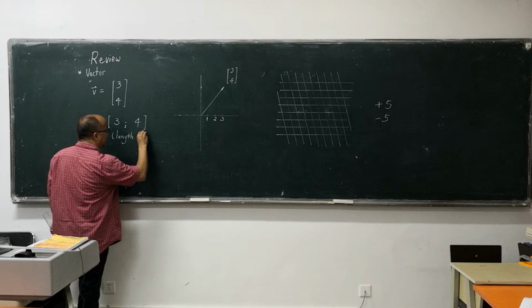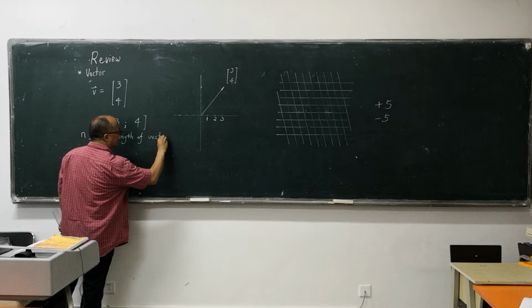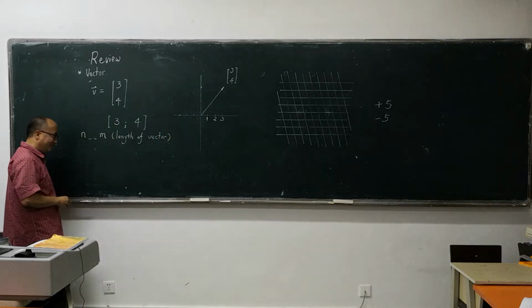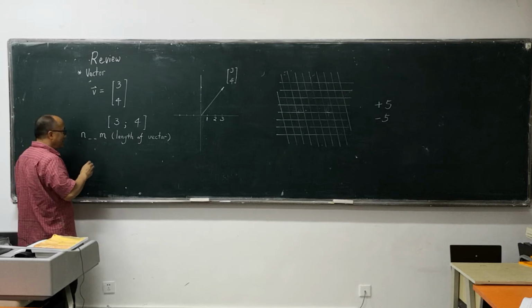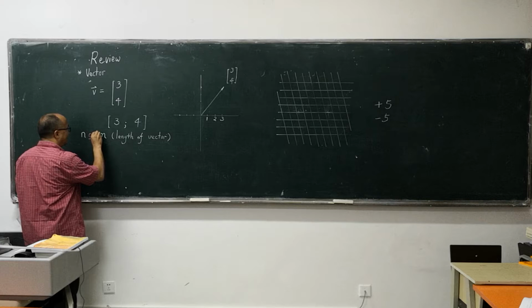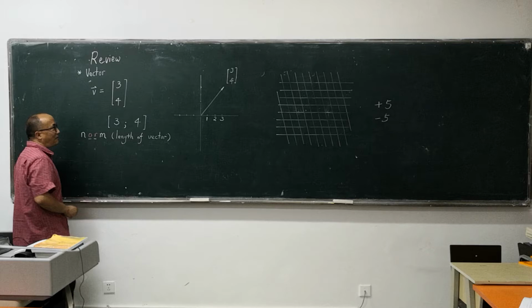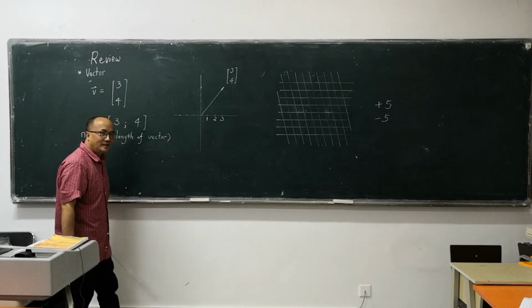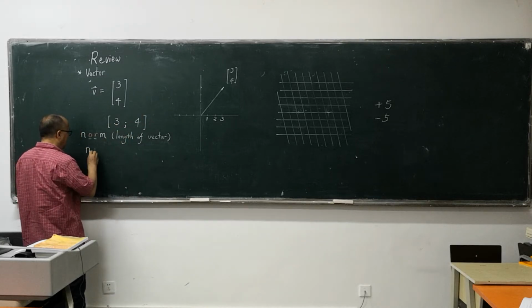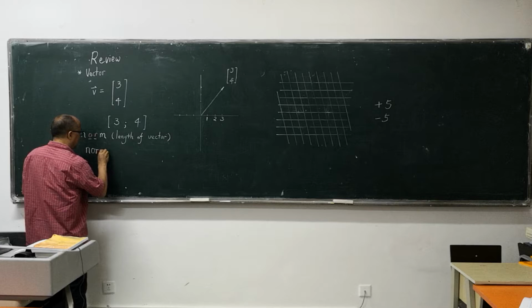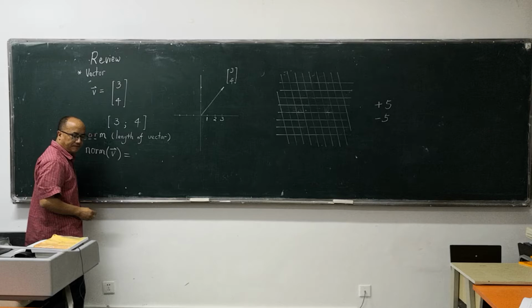Okay? This means this. And how much is this for this vector? What's the formula for this?